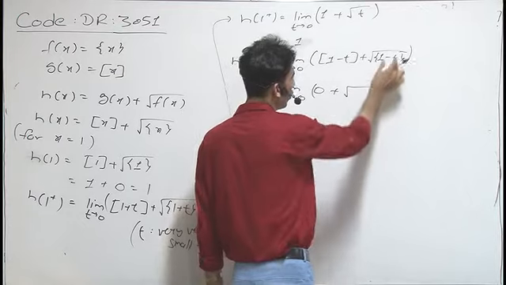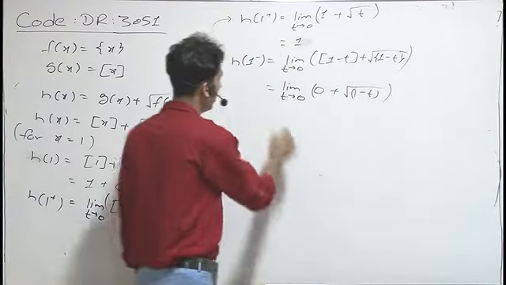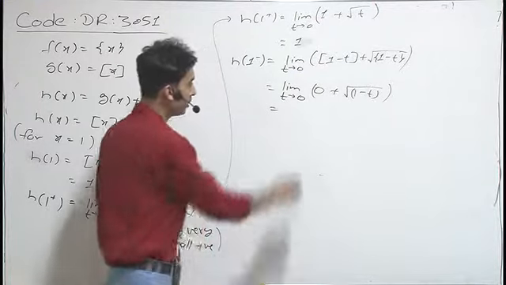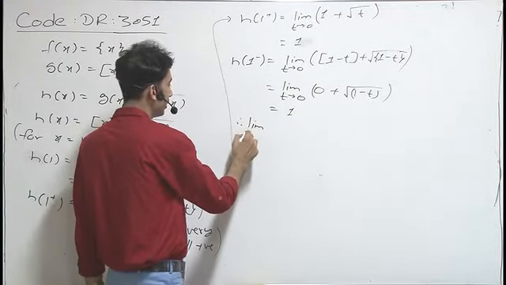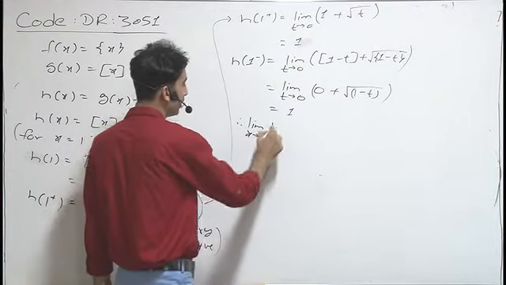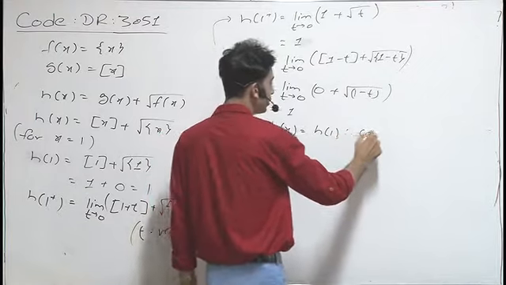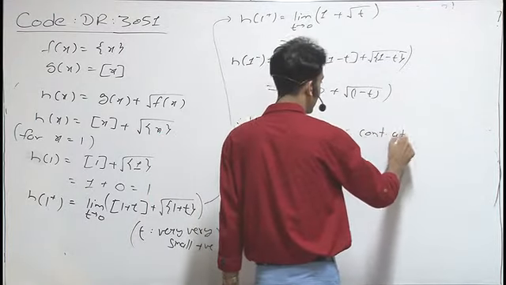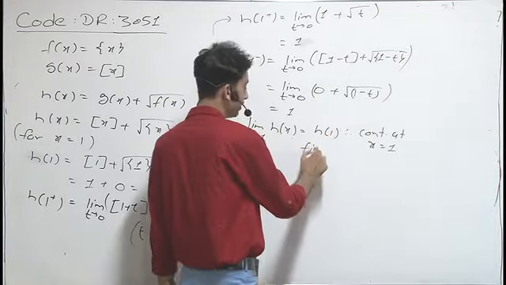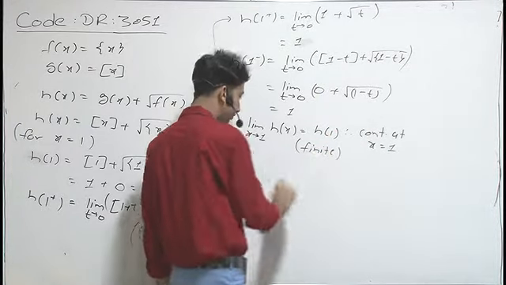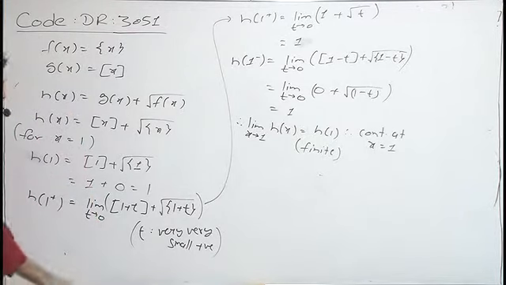It means we can open this directly as 1 minus t. Again, if we calculate this limit, we will get 1. Therefore, limit x tending to 1 hx equal to h1. Therefore, continuous at x equal to 1. And this is a finite number. So clearly, hx is continuous at x equal to 1.